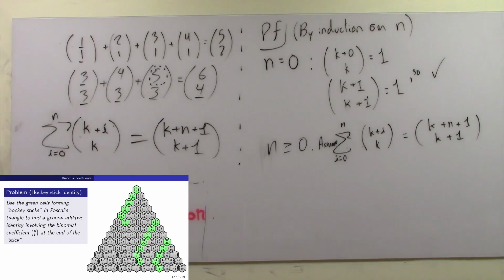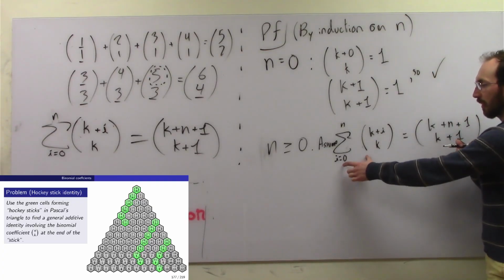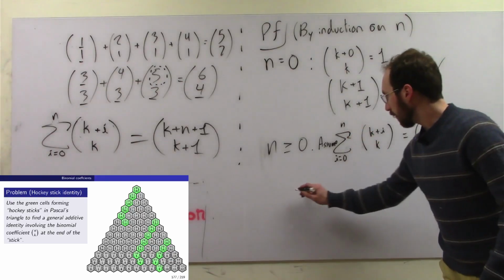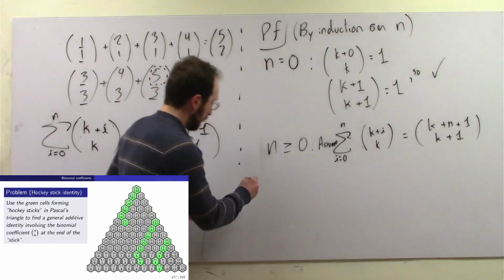All right, so we're gonna assume this, but what we really want is this sum with one extra element. So let's see what that looks like.